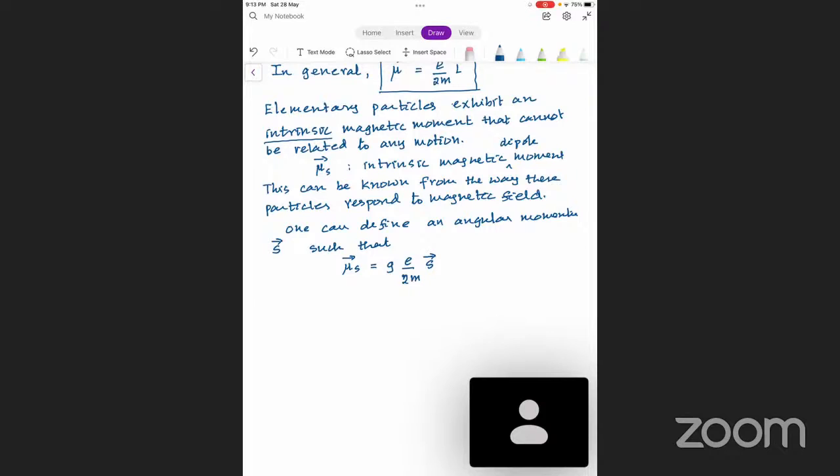Since the discovery happened mostly with electrons, people tried it like this, but it turns out that it is not even related to this equation. So what is the best way to say it?